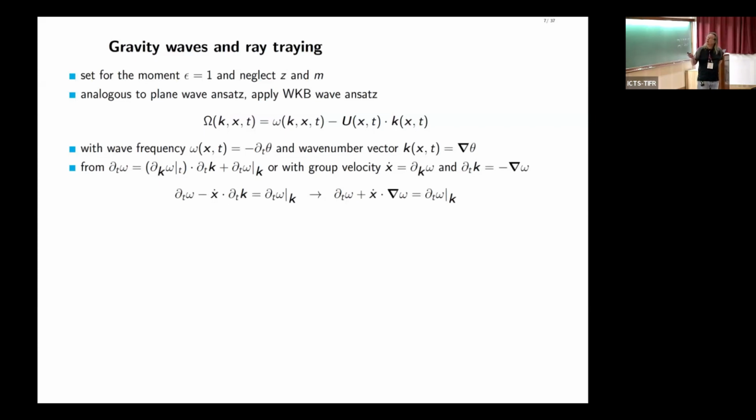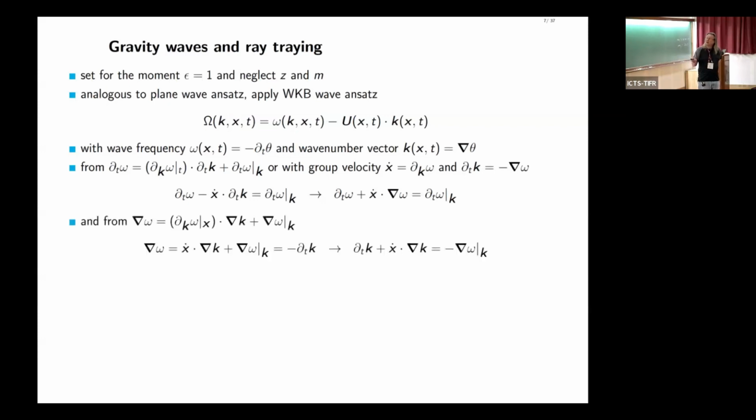So you can make this relation, then you can replace this d by dt, and you get a relation like this, which looks on the left-hand side like a material derivative of omega following not fluid partial velocities, but x dot velocities. And x dot is then the position of your ray, right? Or x is the position of the ray. X dot is the velocity of the position of the ray, and this thing here is the material derivative.